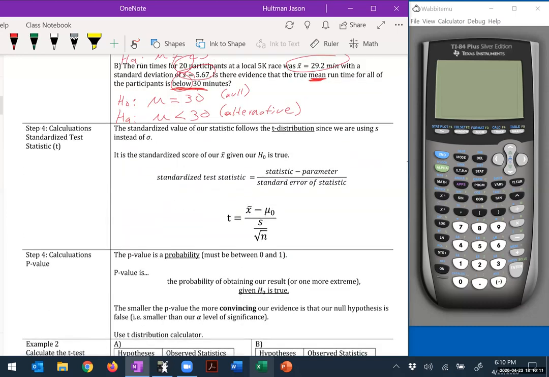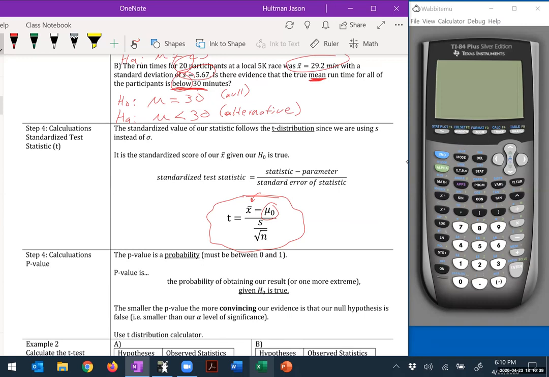Now, how would we calculate the statistic and get our p-value? Well, we're going to use the t statistic. We have x bar, which is our sample mean, minus the population mean, what we're testing against. This mu sub 0 is what we're testing against, all over our sample standard deviation divided by the square root of n.